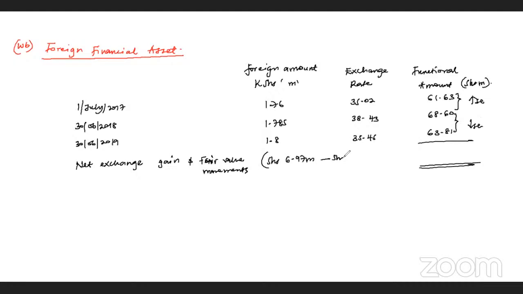And that decrease is shillings 4.97 M. So the net gain is 2.18 millions. To generalize this, we debit our financial assets by shillings 2.18 M. Then I'll credit other components of equity.